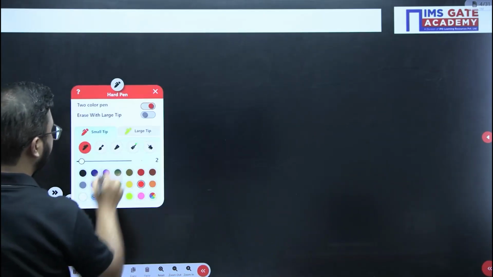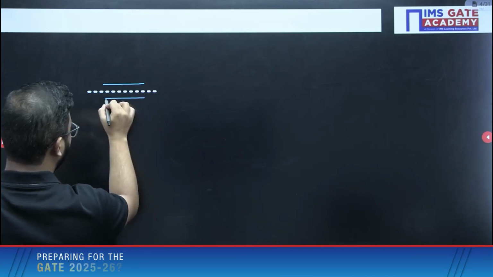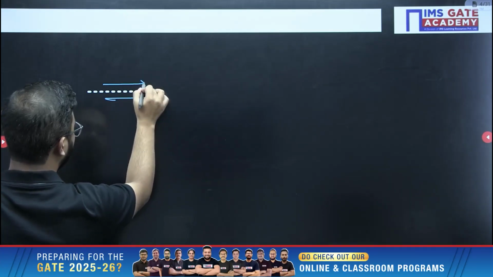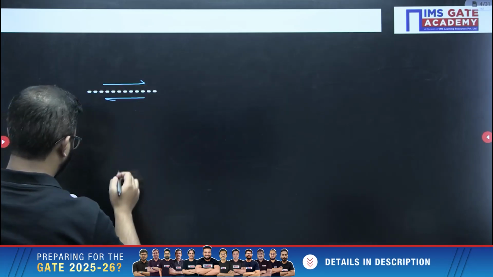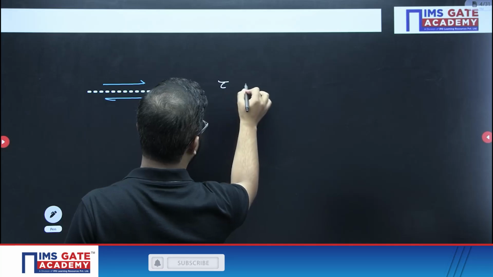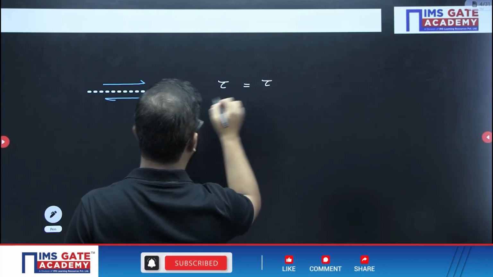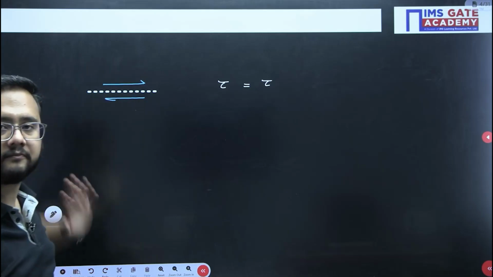On this interface, there will be a shear stress applied by both the layers, right? Like this. So the shear stress values will be equal: the shear stress applied by the bottom layer and the shear stress applied by the top layer.